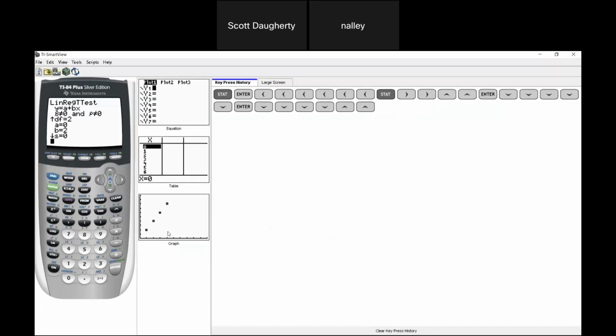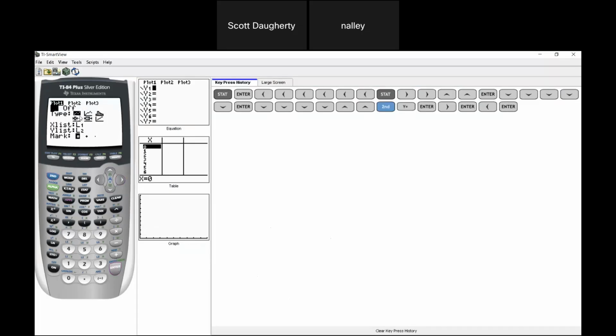And in fact, this is the scatter plot right here. You can see the graph of the scatter plot. Now remember, we did this by going to stat plot, turning on the stat plot, and then selecting. If it's off like this, just make sure you turn it on.